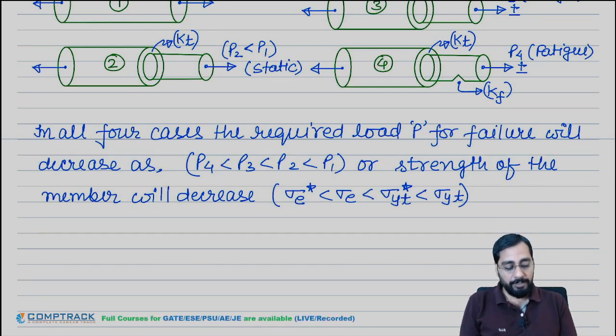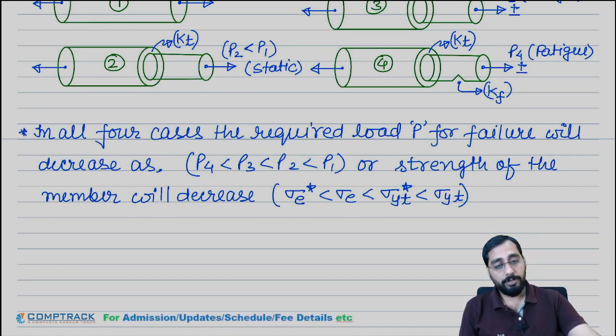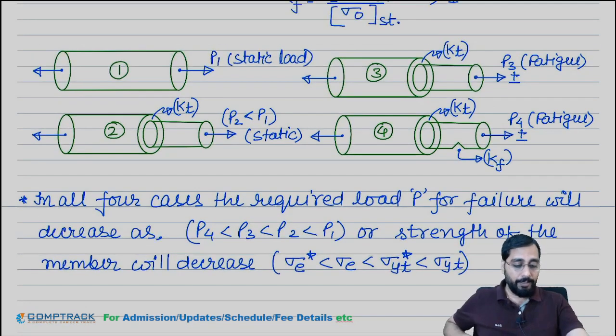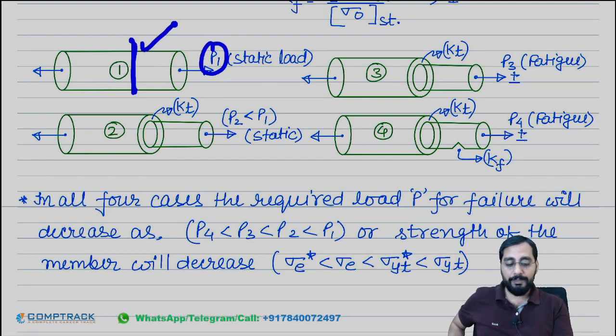So this is the case. The strength of the member will be decreasing. Here the stress produced in the member will be P by A. Simple.